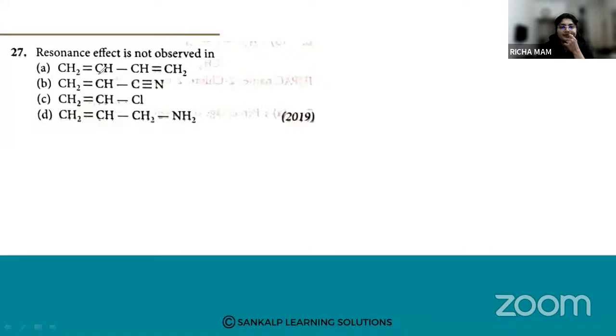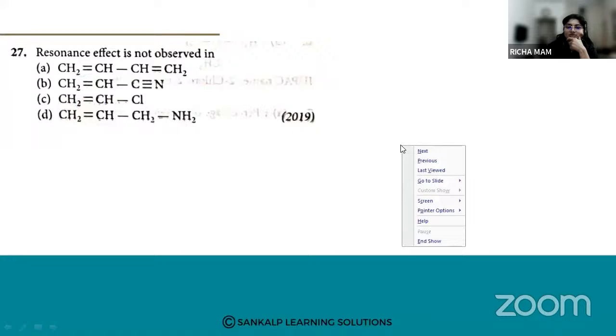So here there is a conjugated diene system. So here you can see Cl minus, so here also it will undergo resonance in this system. In option number D, you cannot see resonance. Resonance is not possible. There is no conjugated diene system. So option number D is the answer.